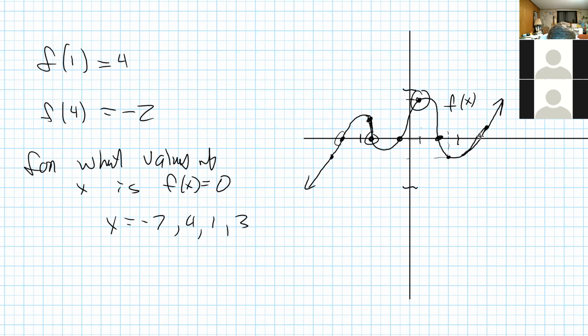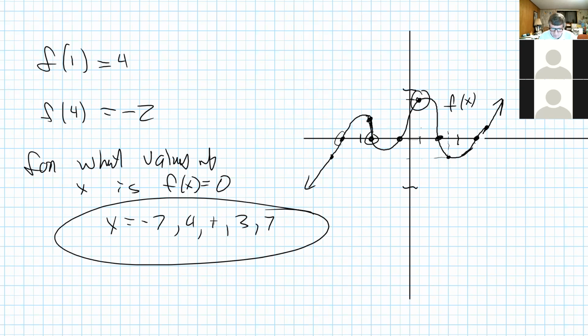I'm going to change my line to where it's over there, just so that it's easier to tell where it crosses. Okay. So we'll make it so that it crosses right here, which is what? It's 7. So f of x is 0 when x is either -7 or, oops, -4 or -1 or 3 or +7. Sorry, I forgot my signs there. Okay with that?